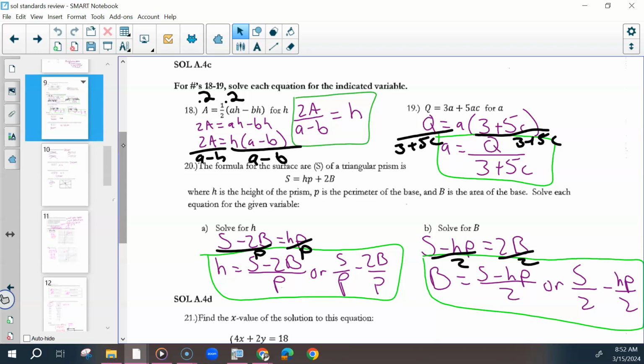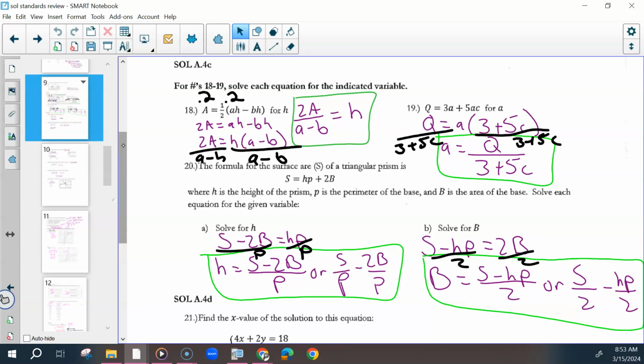For 18, we're solving for h. There are two h's inside the parentheses. So to get rid of the 1/2 first, multiply by the reciprocal on both sides by 2 so that it disappears. And then this, normally we see something like this and we distribute the h. Well, here we already have an h twice.